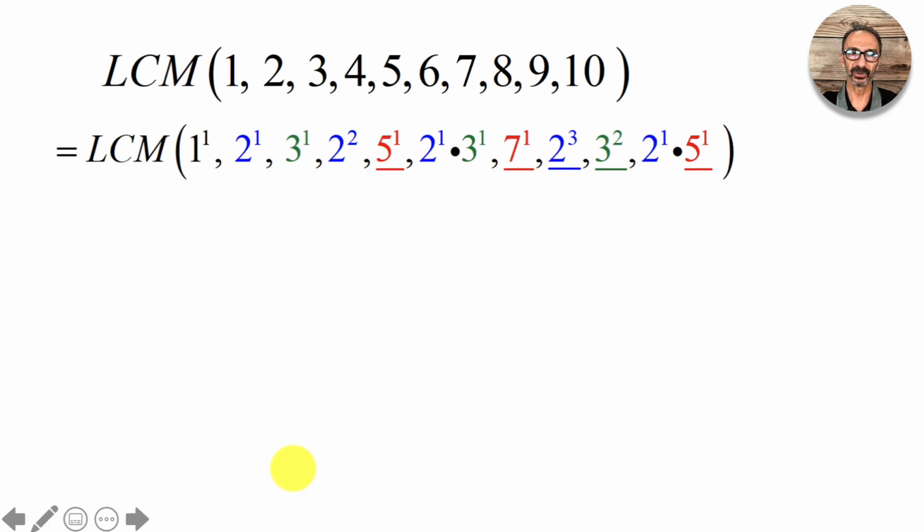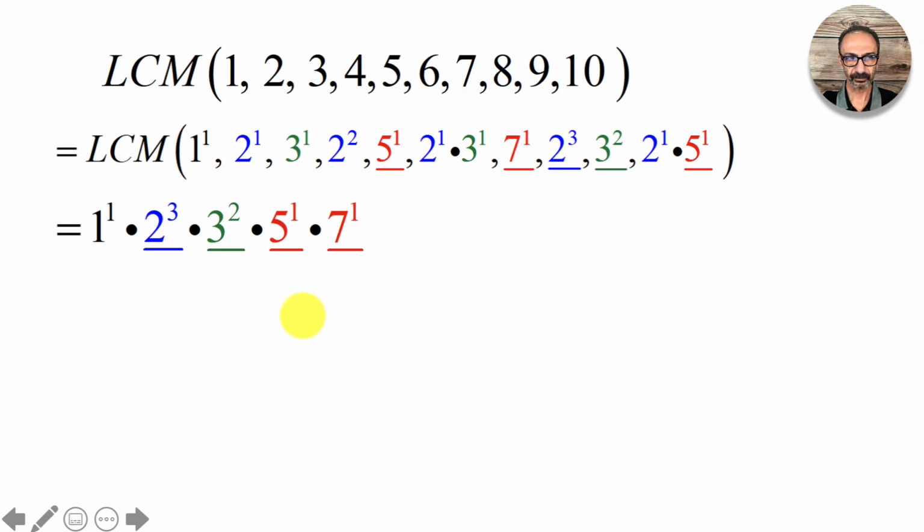Now looking at the 2's in blue, we picked 2 to the third. Looking at 5's, the highest is 1's, we're going to take 5. 7's, the highest is 1's, we're going to take 1 7. And the 3's in green, there is 1 here, 1 here, and 2 here. So I have to take the 3 to the second, or 9. We have to take 2 3's, so it could be a multiple of 9, or the number divides by 9.